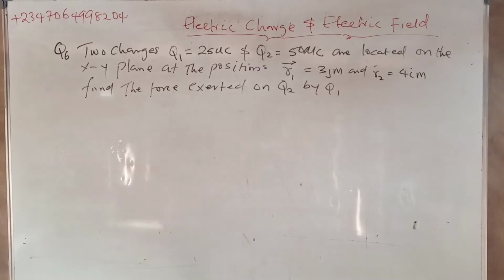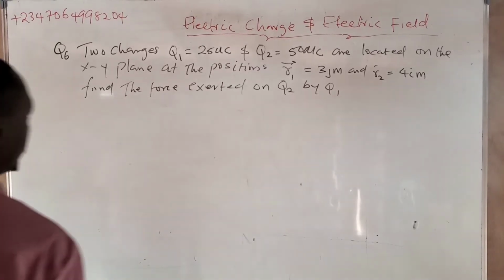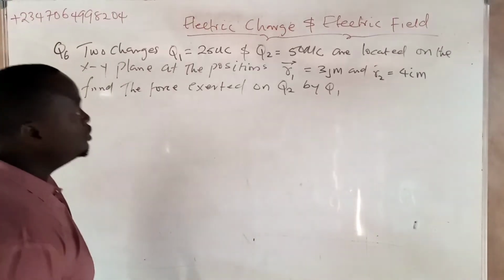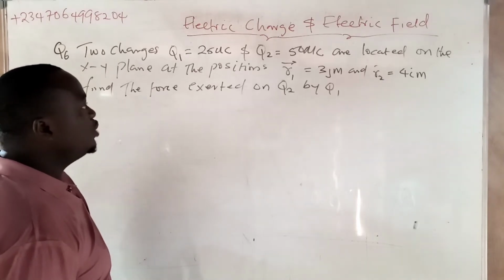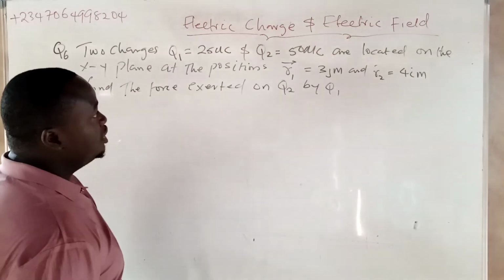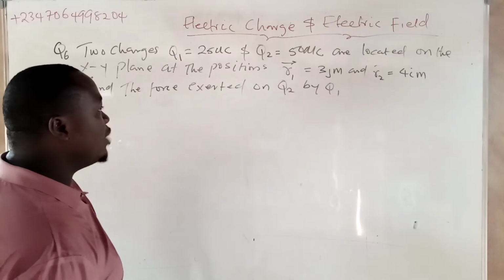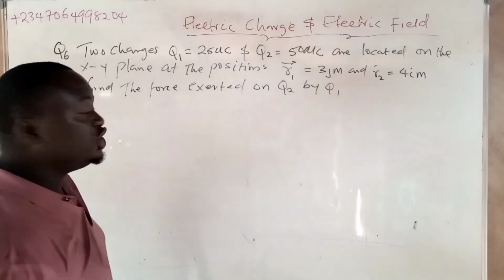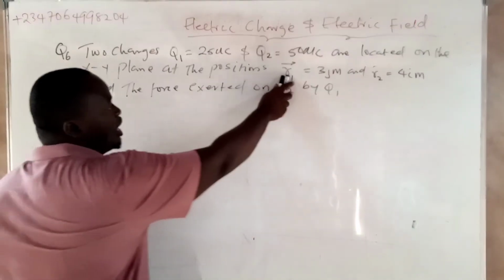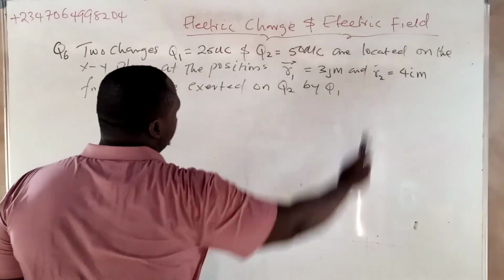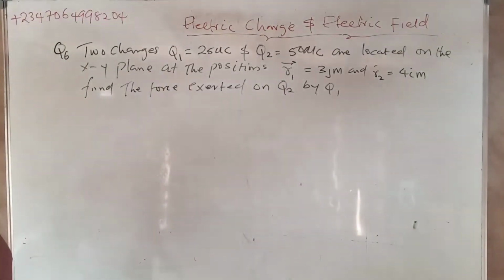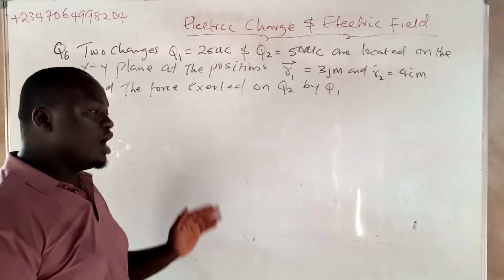Two charges, Q1 is equal to 25 microcoulombs, Q2 is equal to 50 microcoulombs, are located on the xy plane at the positions. This is R1 and R2. Find the force exerted on Q2 by Q1.